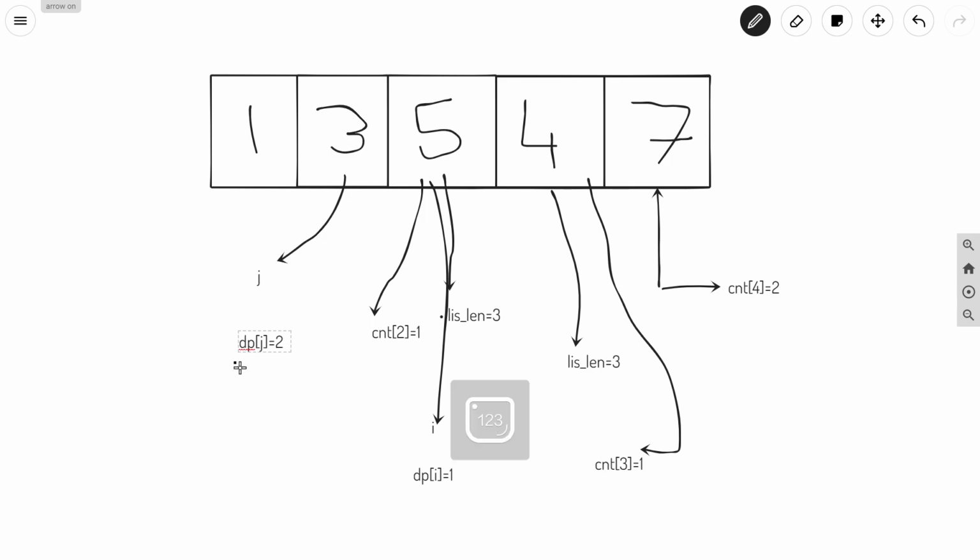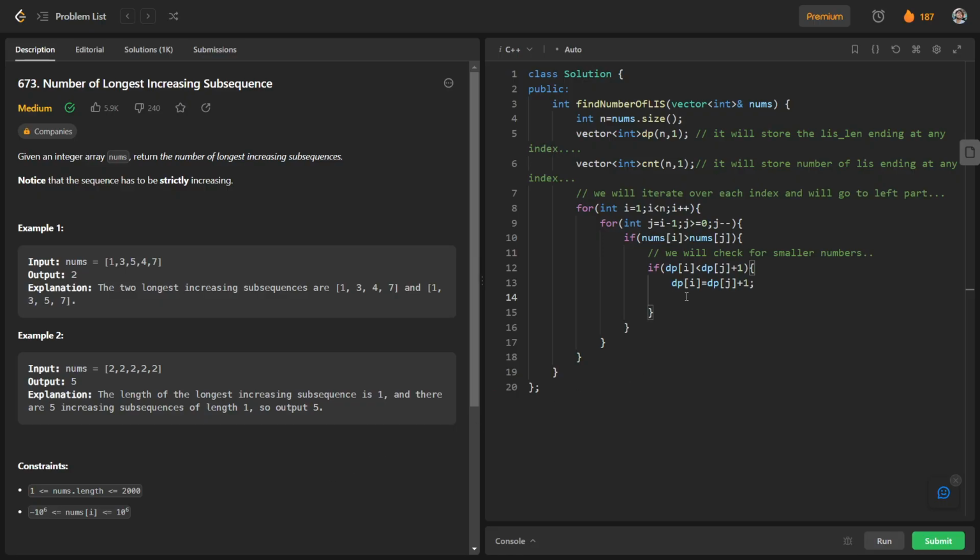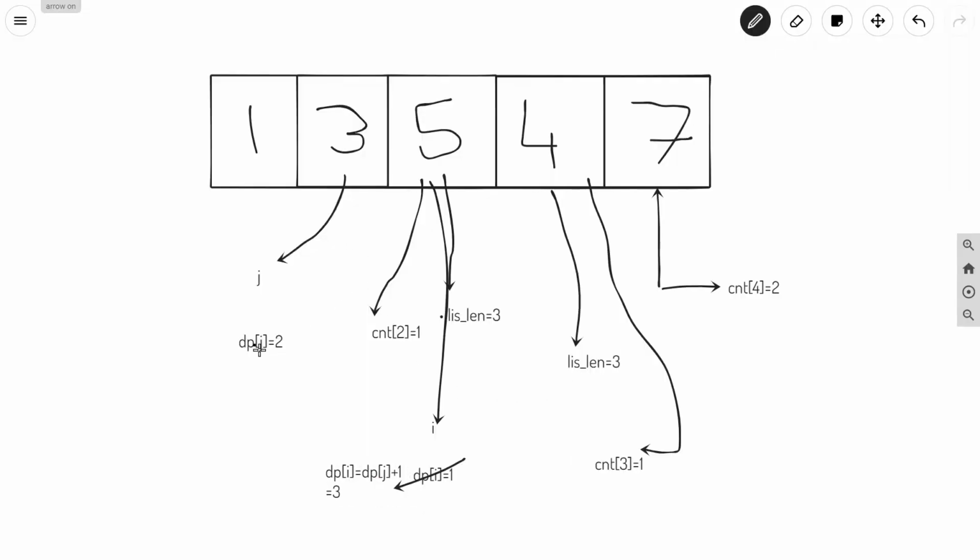So dp of i is less than dp of j plus 1, and for this case we are going to update dp of i is equal to dp of j plus 1, which is nothing but 3. So we update dp of i, and correspondingly for this index we can have our count as 1.